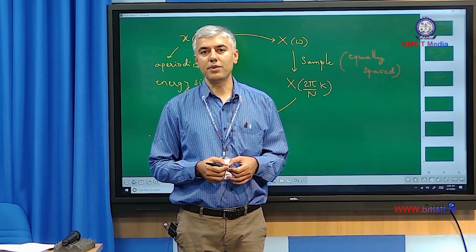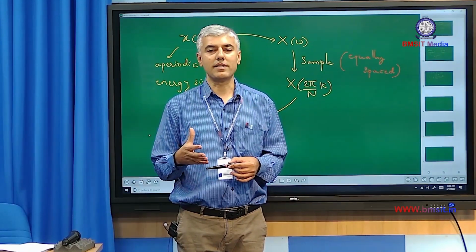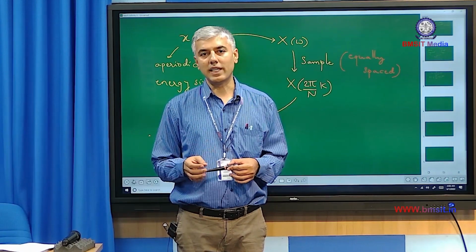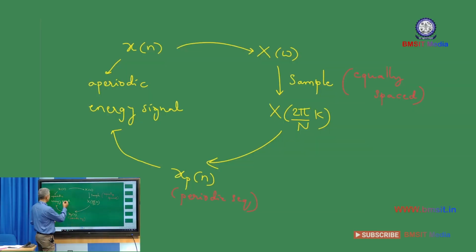In the previous video, we looked at how it is possible to reconstruct a time domain signal from the samples of the frequency domain signal. The time domain signal, usually given as x of n, has been transformed into X of omega using the Fourier transform.